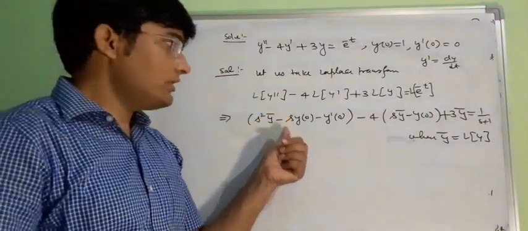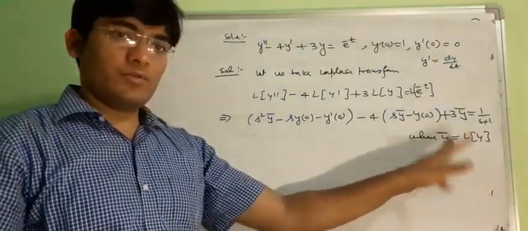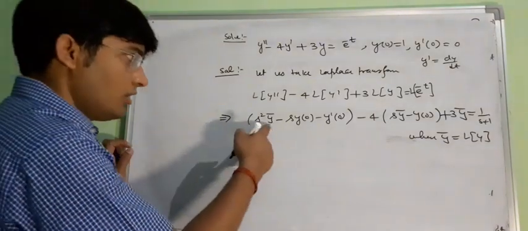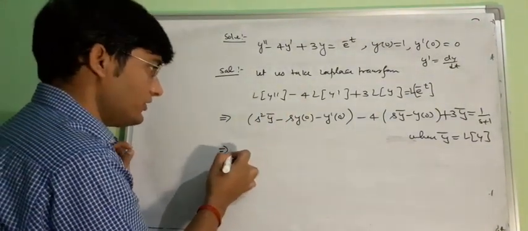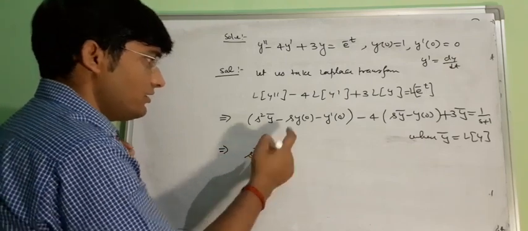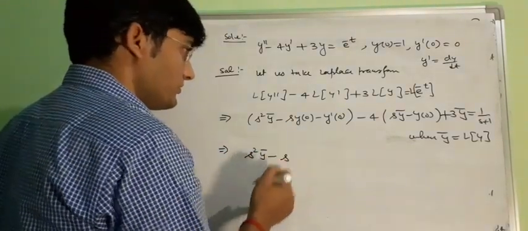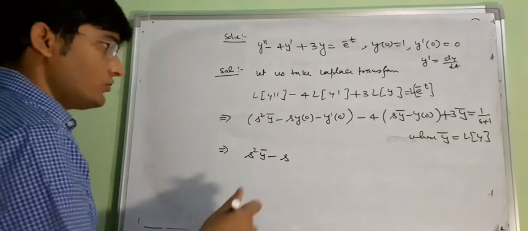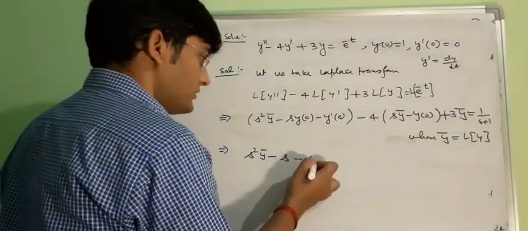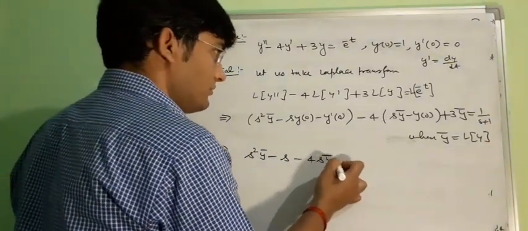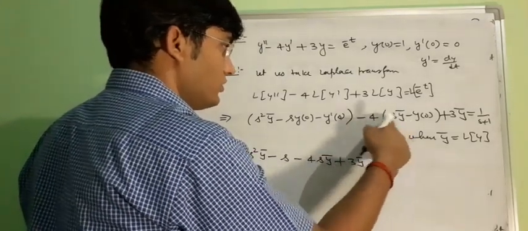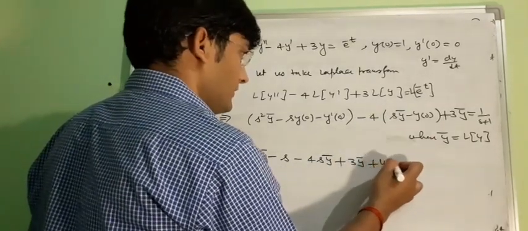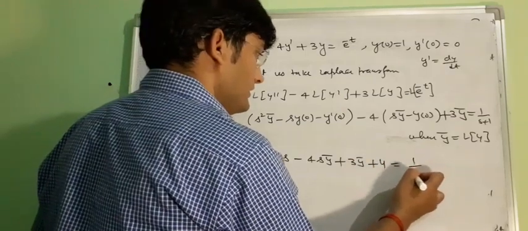We have denoted Laplace of y as y bar. So as y(0) is 1, this will be equal to s square y bar minus s, as y dash 0 is 0, and here we will have minus 4s y bar plus 3y bar, and y(0) is 1, so this will be your plus 4, is equal to 1 upon s plus 1.